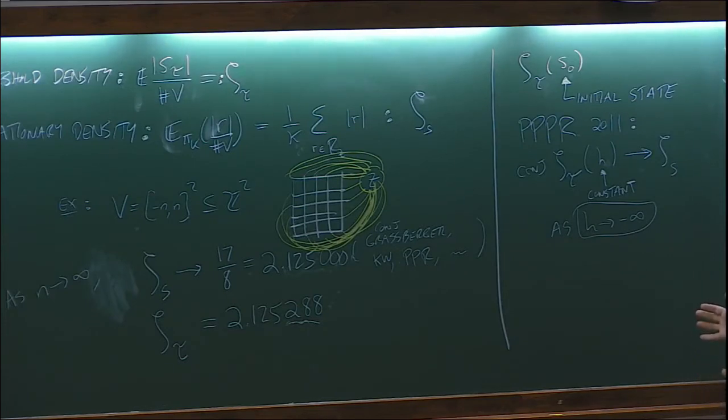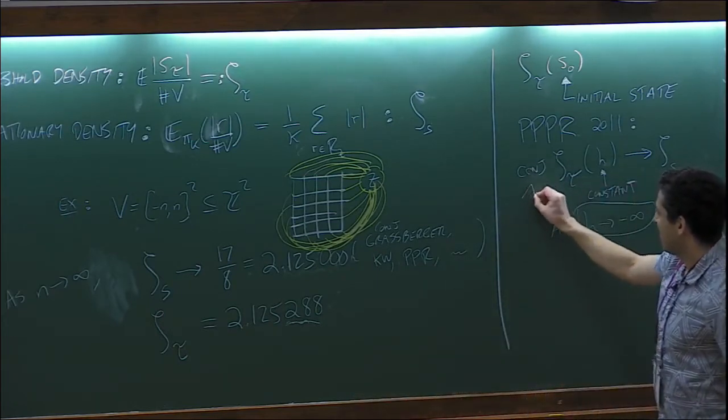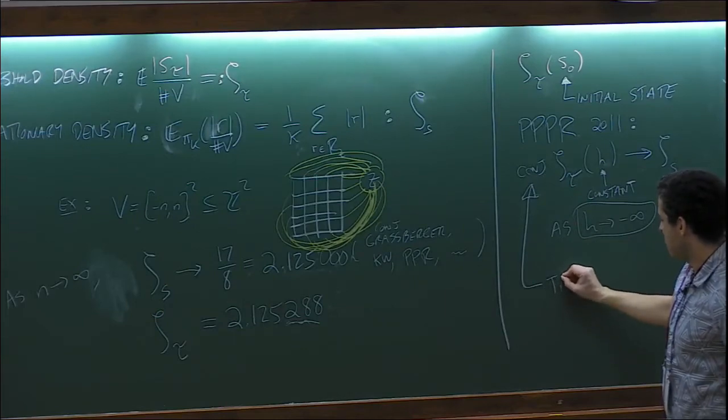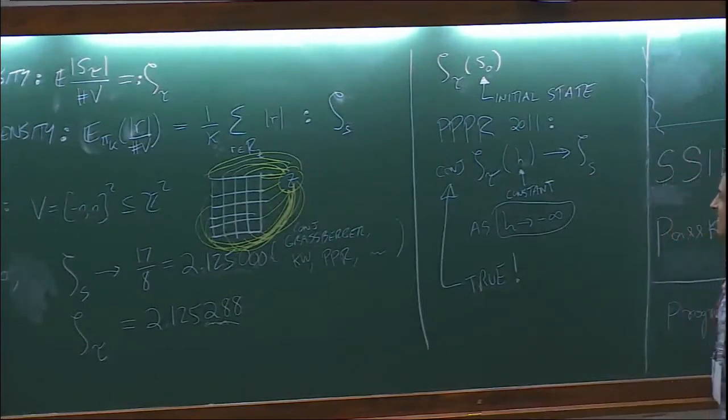Okay, so I'm going to tell you. The first message is that this is true, and I'll state a theorem that implies it, and I'll try to show you the main ideas that go into the proof.